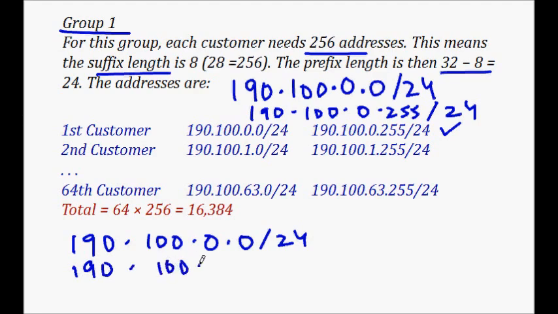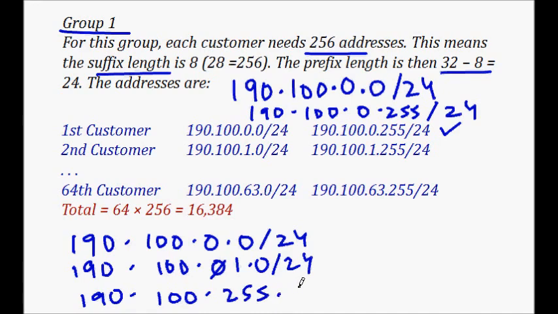The next customer is 190.100.1.0/24, the second customer. Similarly, the 256th customer is 190.100.255.0.